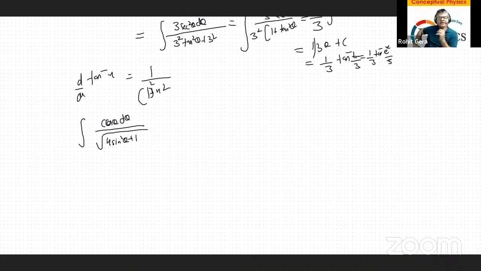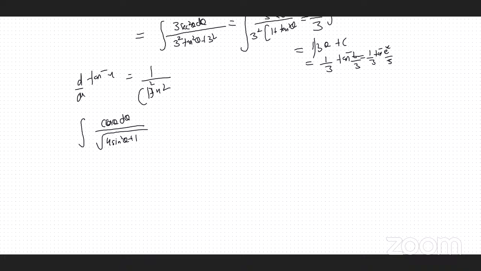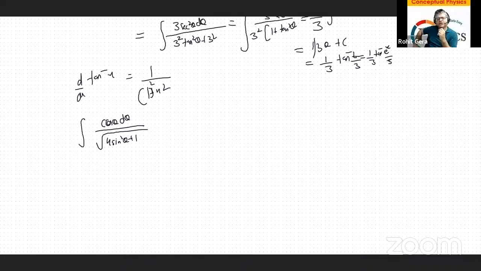Now the derivative is given. Sine theta का derivative is given above. That is what substitution is all about, right? That you can see the derivative of something in the integral itself. So you can see the derivative of sine theta is cos theta. You put sine theta is equal to t. लिखो.